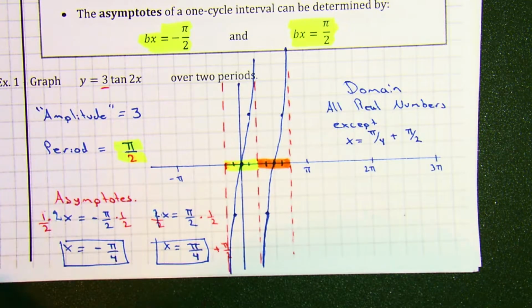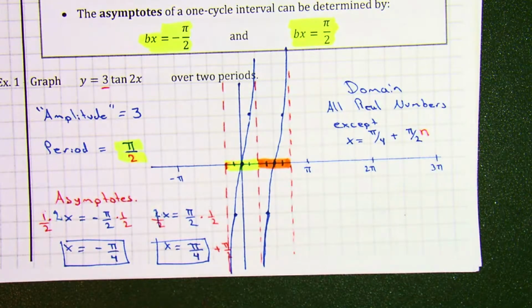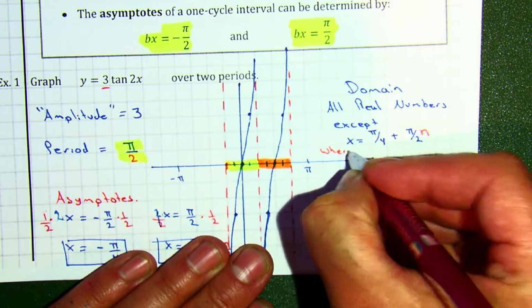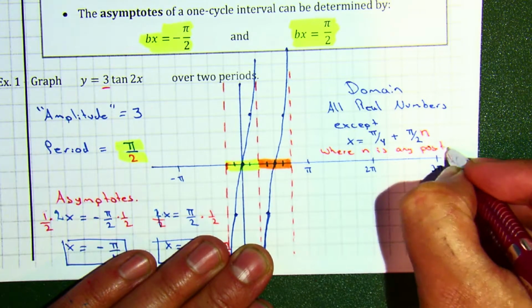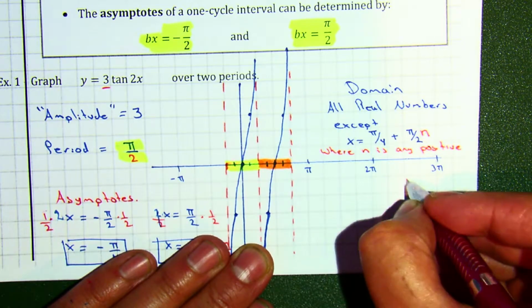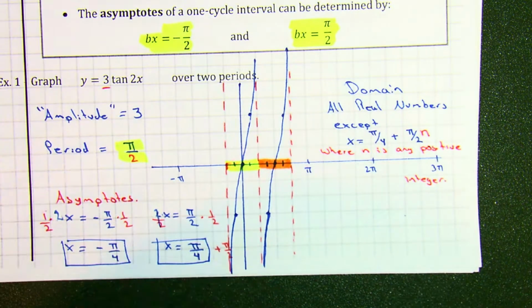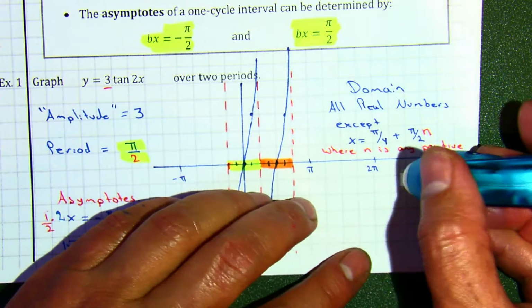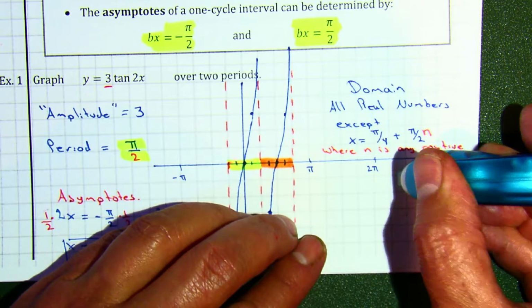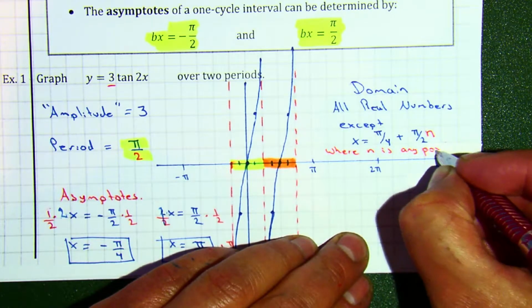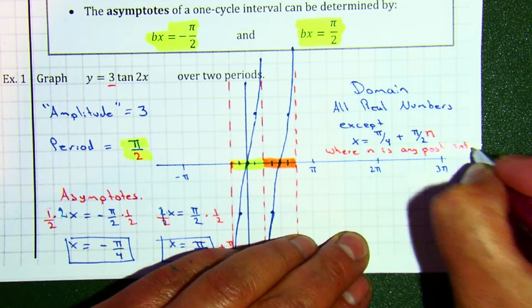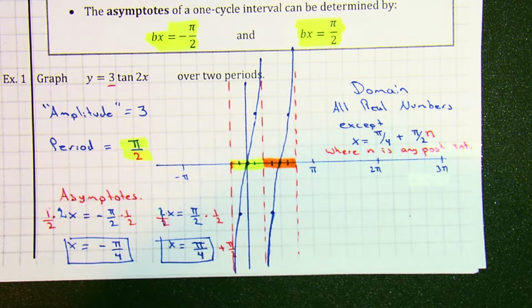And I'm going to place in n as the variable, where n is any integer. And that'll be the notation for your domain.